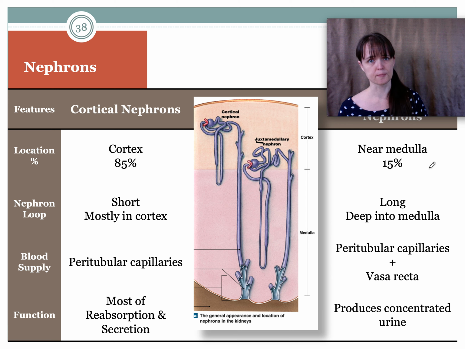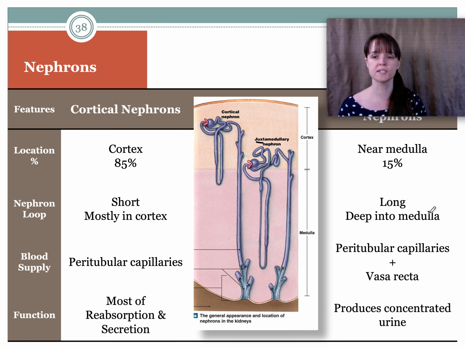So be careful here, because in one video we've had juxtaglomerular, which is just next to the glomerulus, and juxtamedullary, which is just next to the medulla. So they are descriptive. They are not interchangeable, but they do both start with juxta, and you just learn them both all at once. So juxtamedullary nephrons are near the medulla.